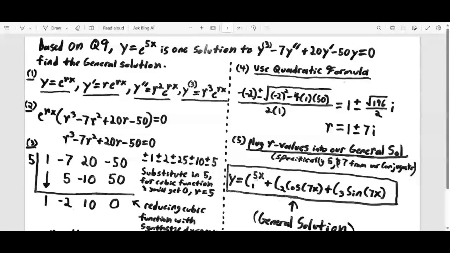Find the general solution. I basically just found a cubic function that would give me 2 imaginary roots and 1 real root, similar to question 9.